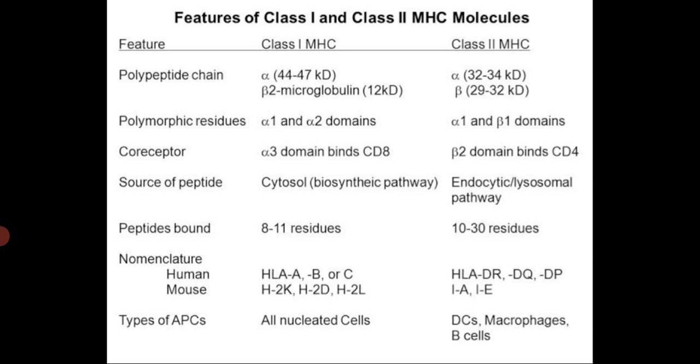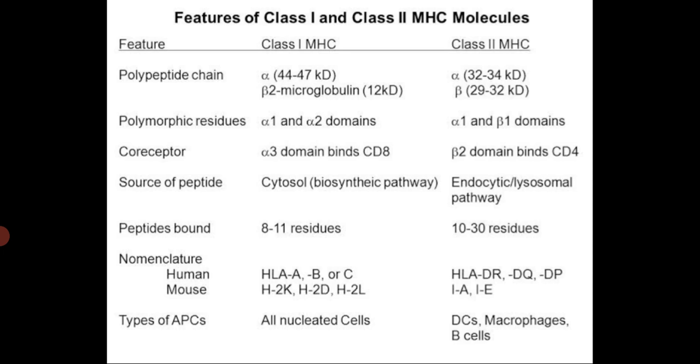Source for peptide: for the class first molecule, the peptide or antigen is processed within the cytosol, and here is the processing of endogenous antigen. So the pathway is called a cytosolic pathway or endogenous pathway, whereas the class second molecule processes the antigen which is outside, it is engulfed, so the pathway is called an endocytic pathway or lysosomal pathway.